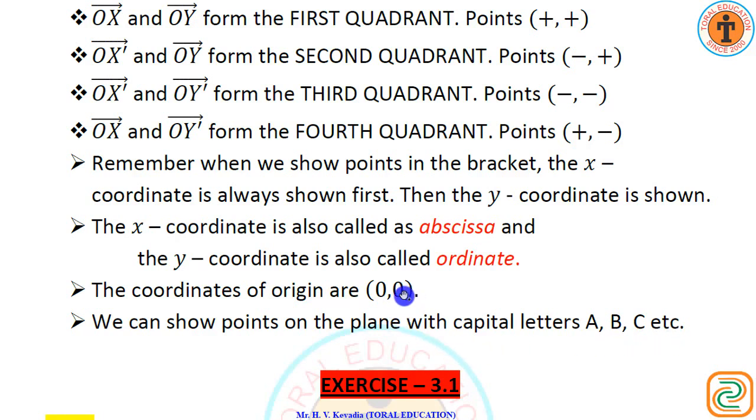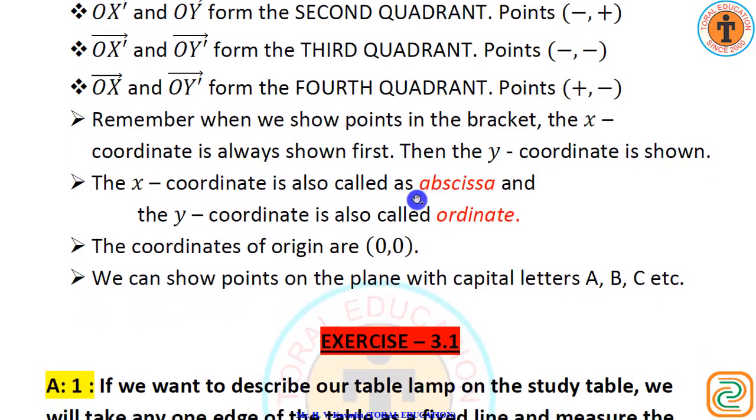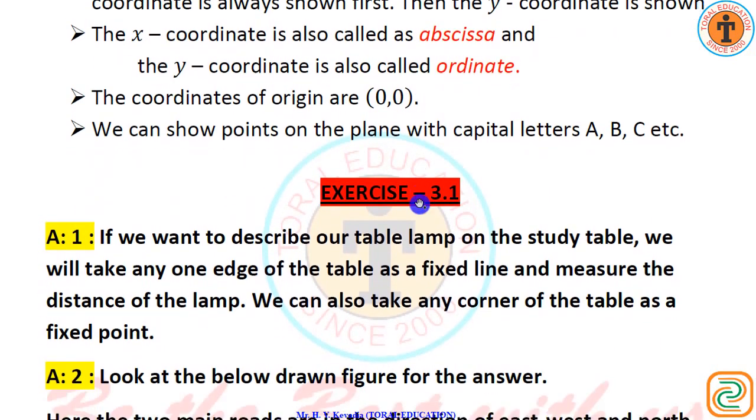Exercise 3.1. How will you describe the position of a table lamp on your study table to another person? If your table lamp is put on the table, then how will you show it?